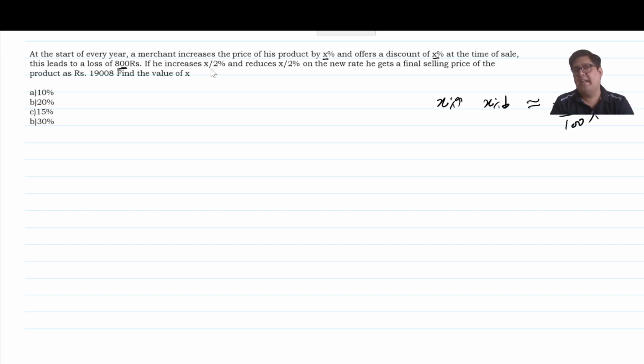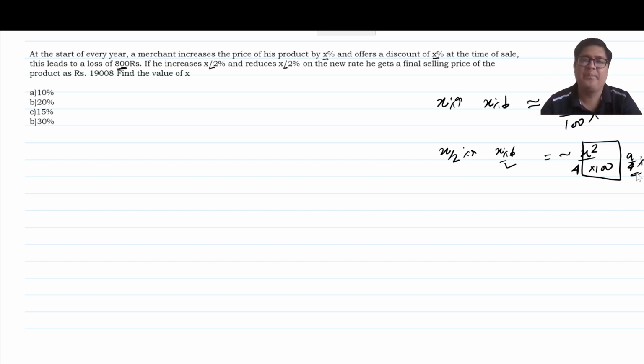When it increases by X by 2 and decreases by X by 2, the percentage change will be X square by 2 square, which is 4 into 100. So as a percentage, this will be a by 4 percentage change. Just keep that in mind.